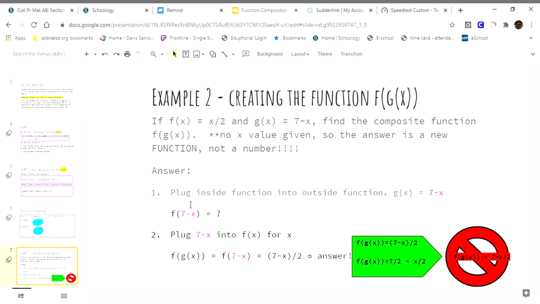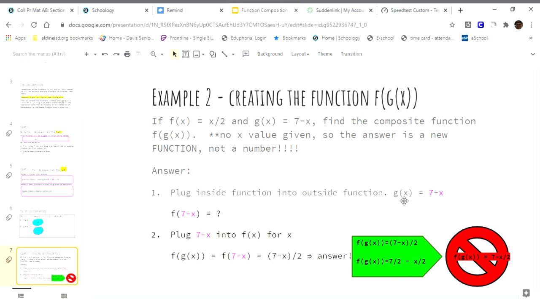So first step, plug the inside function into the outside function. Well, my inside function is g of x. g of x is 7 minus x. So I'm taking the entire expression, 7 minus x, and I'm plugging it into f of x for the x. I know the lingo is weird, but what you're doing is plugging what's inside into what's outside.